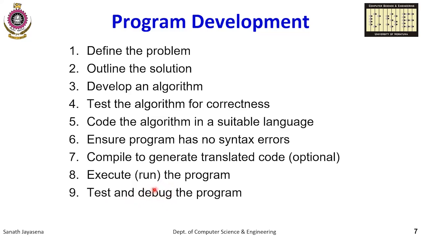A bug in a computer program is an error or fault. Faults in a computer program, or generally in a computer system, people used to say, okay, there's a bug. And removing those bugs is called debugging. So a program needs to be debugged to ensure that it works correctly. For debugging also, there are various tools, and you will learn in one of the labs the debugger for Python also.